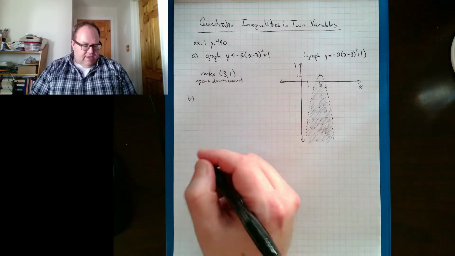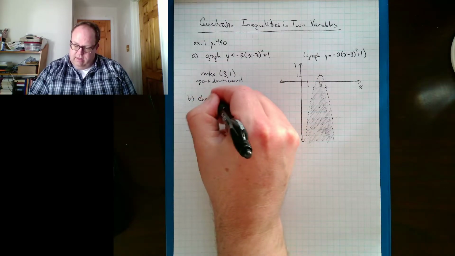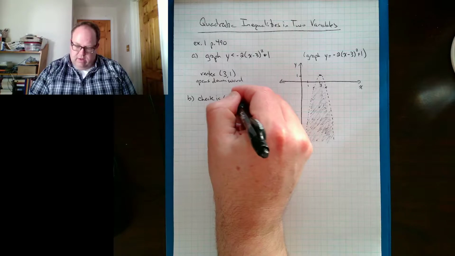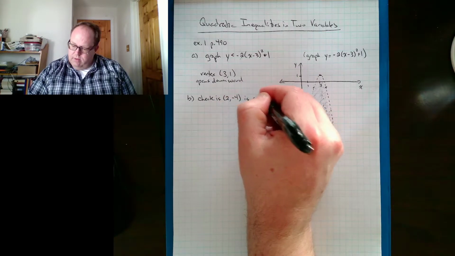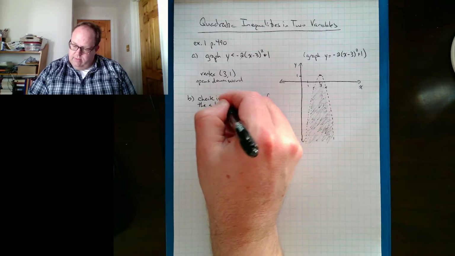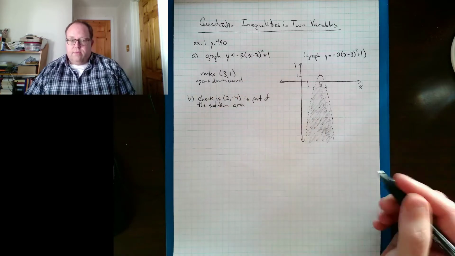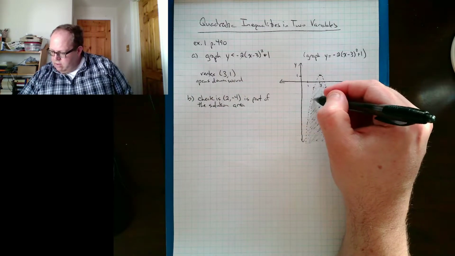Part B of that example asks us to check if 2, negative 4 is part of the solution area. So, I can look on my graph, and it sure looks like it will be.